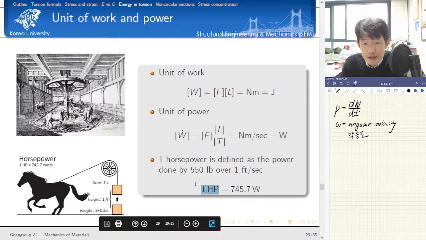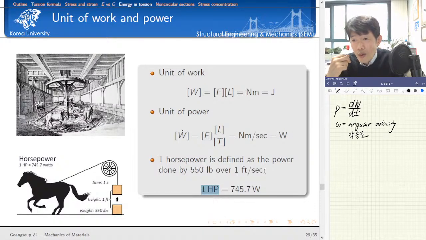In our daily life, instead of watt, we use kilowatt and megawatt. Kilowatt means 1,000 times watt. The reason that we use kilowatt or megawatt is the same as the reason that we use megapascal and kilopascal instead of pascal, because the unit of watt is too small to measure the energy or power that we use in our daily life.